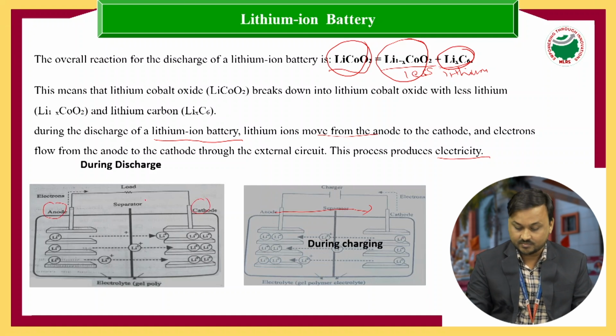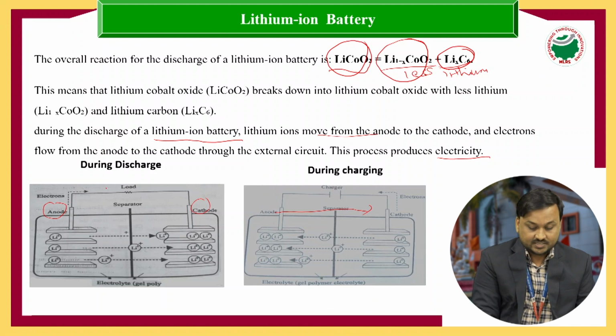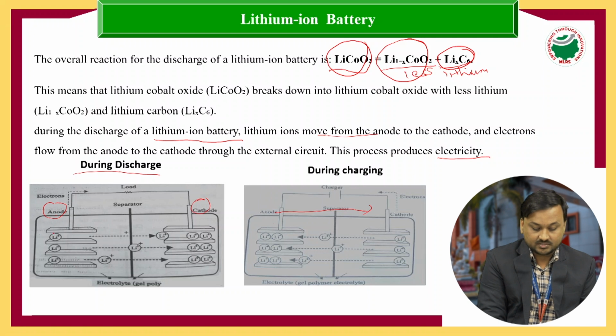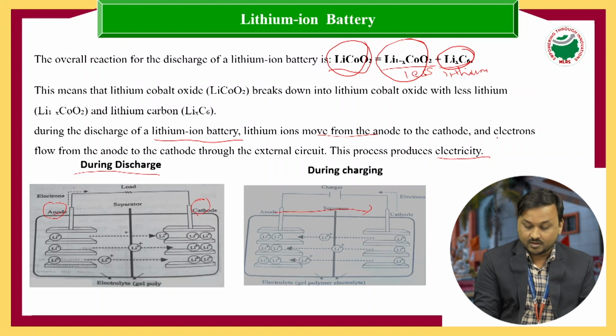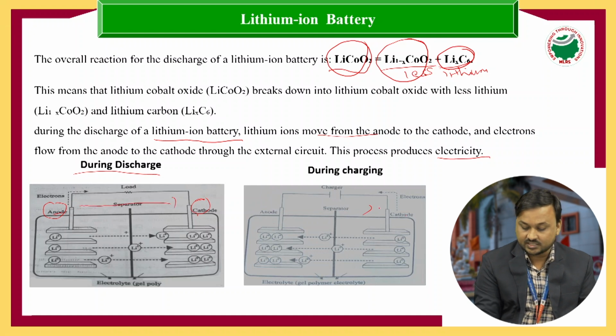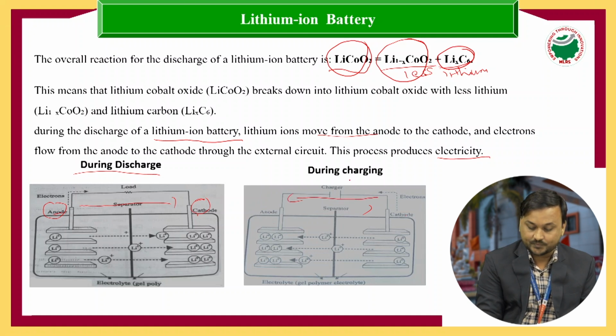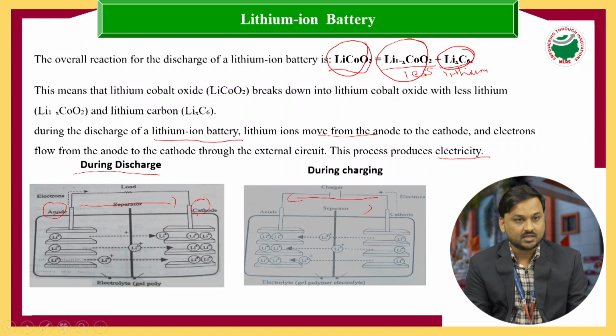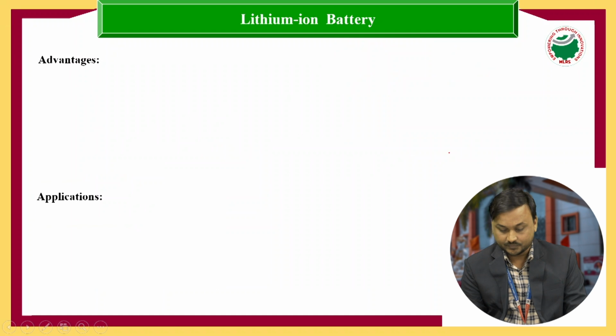During the discharge time, the ions move from the anode to the cathode, and the electrons move from the anode to the cathode. During the charging time, the electrons move from the cathode to the anode. In this process, electricity is produced.